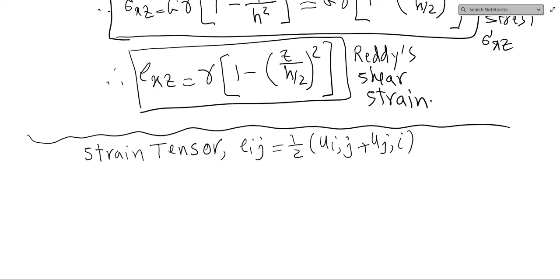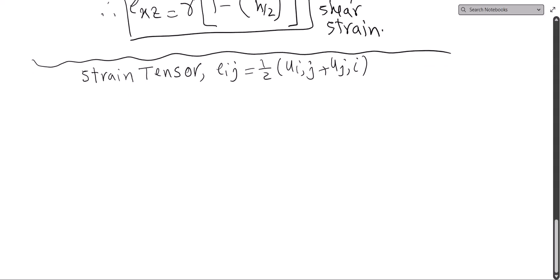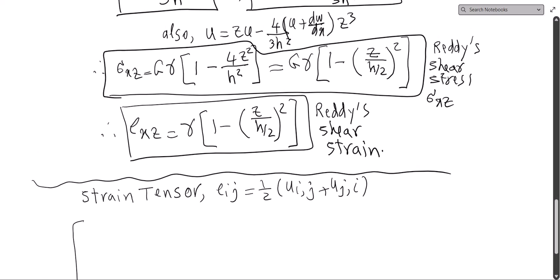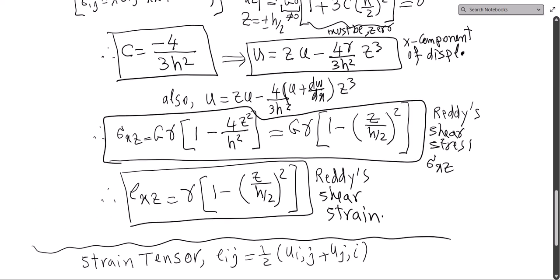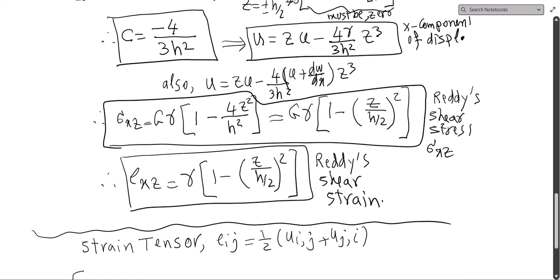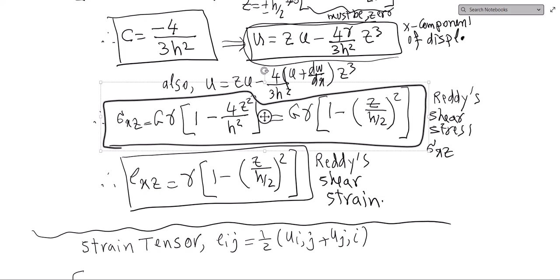Okay, so Eij is a matrix of 3 by 3. So the A11 is the derivative of u with respect to x. So our u as mentioned here, I have to differentiate this quantity with respect to x.